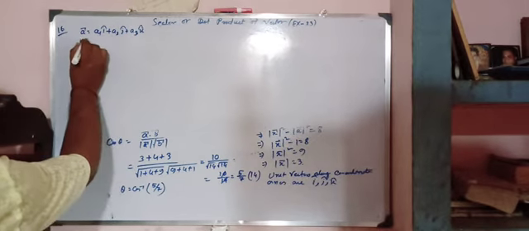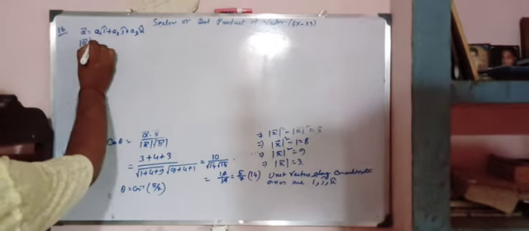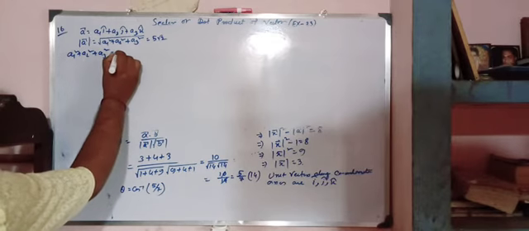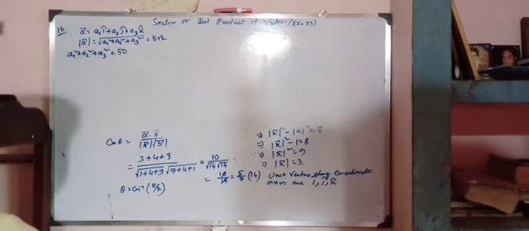So mod A is equal to root over of A1 square plus A2 square plus A3 square. That's equal to 5 root 2. Okay. So A1 square plus A2 square plus A3 square is equal to 50, as you can see.